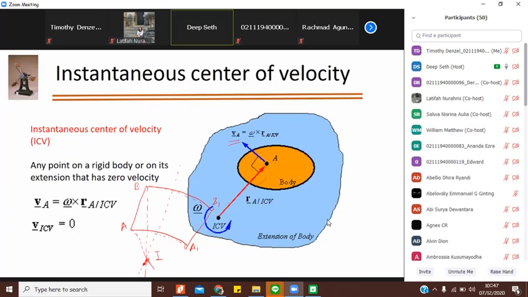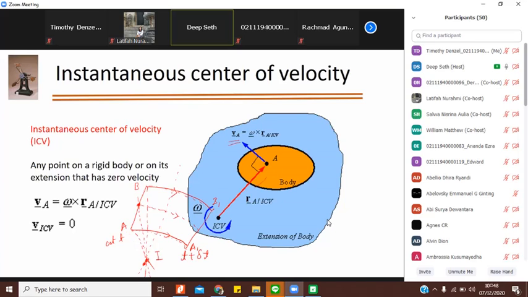Let's say at any point on this link you want to find the velocity. When you are finding the velocity of any point on that link, that is also rotating with respect to that center, the instantaneous center of velocity, and it will be making the same path. So at time t you are here, and at time t plus delta t you will be here.